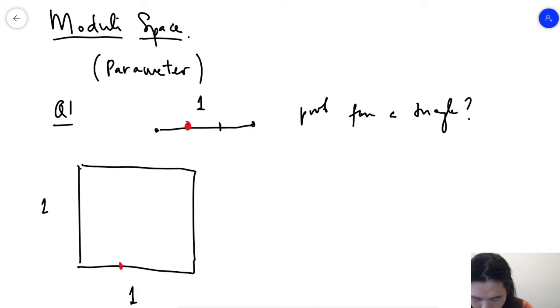So the point here corresponds to a point there, and the other point, the blue one, corresponds to somewhere here. So this configuration corresponds to a point here. So this square parameterizes the whole configuration space.